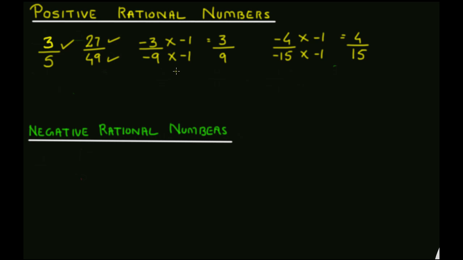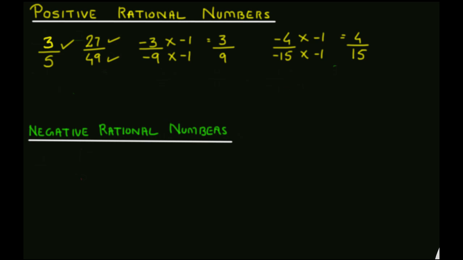So kindly remember that if both the numerator and the denominator hold the same sign, that is positive numerator and a positive denominator, it's a positive rational number. Or if it's a negative numerator and a negative denominator, it still is a positive rational number because if we multiply the numerator and the denominator with negative 1 respectively, we get a positive rational number.